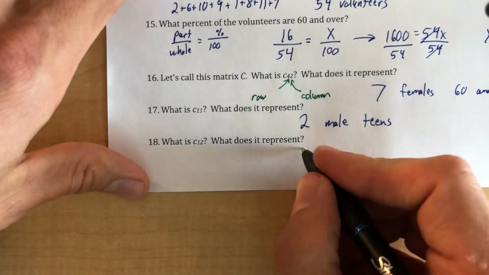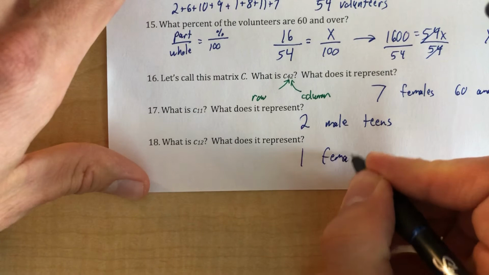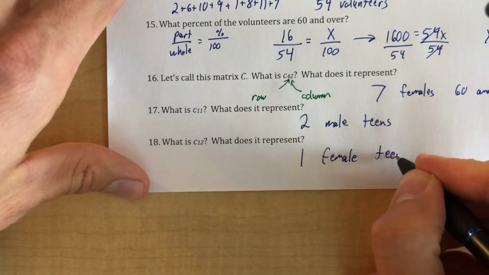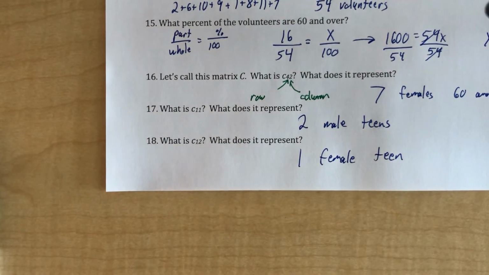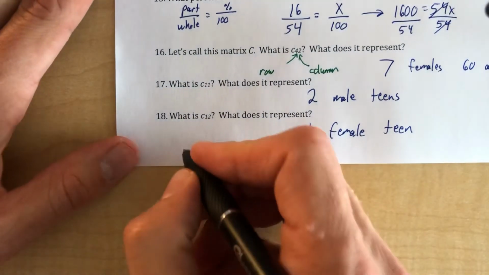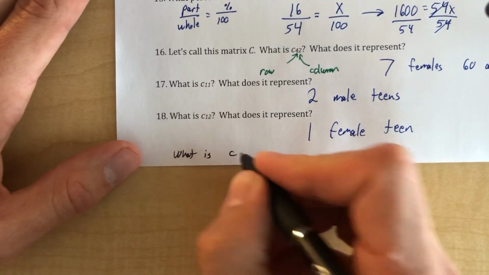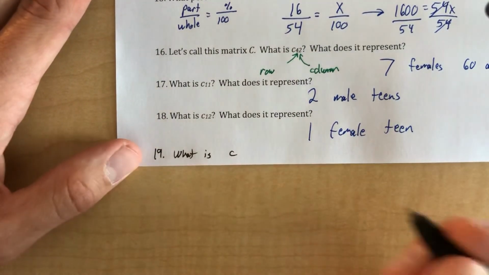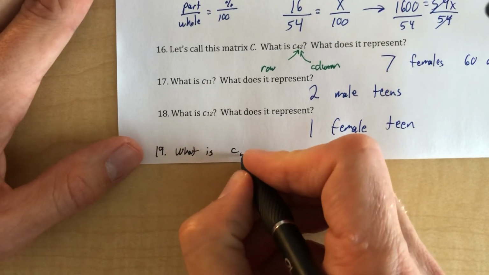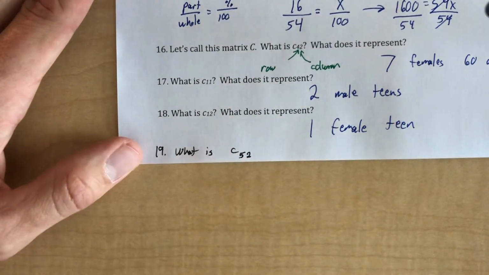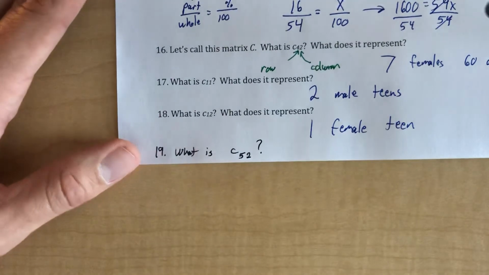So 1 female teen. All right, I'm going to add a problem, just in case you ever see it. Let's suppose a guy walks up to you and he says, I'll call it number 19, what is c52, and what does it represent? Well, what is c52?